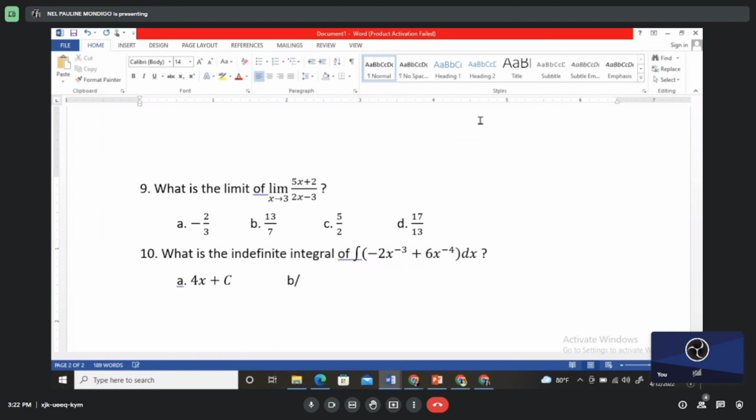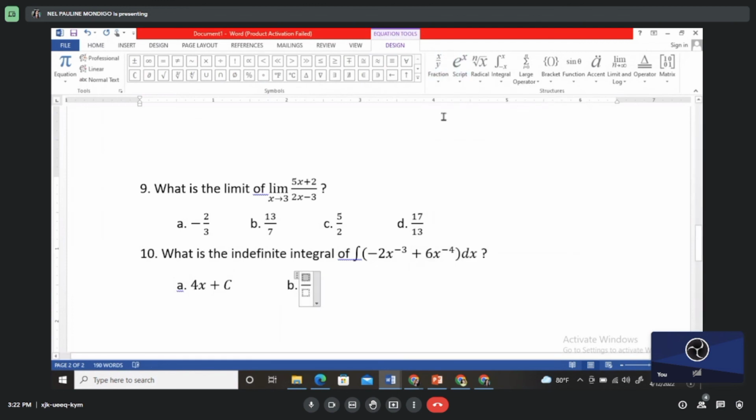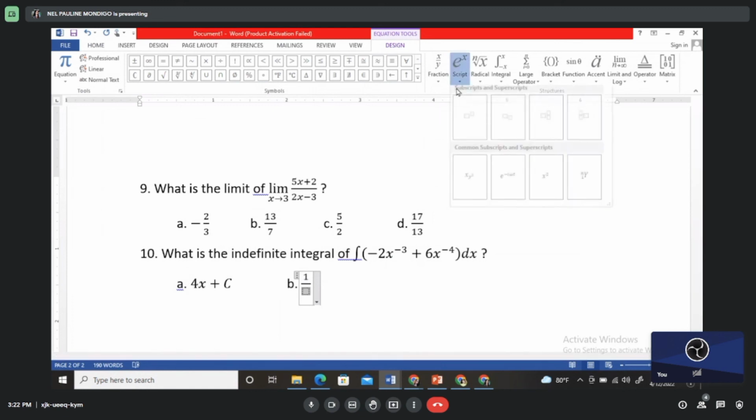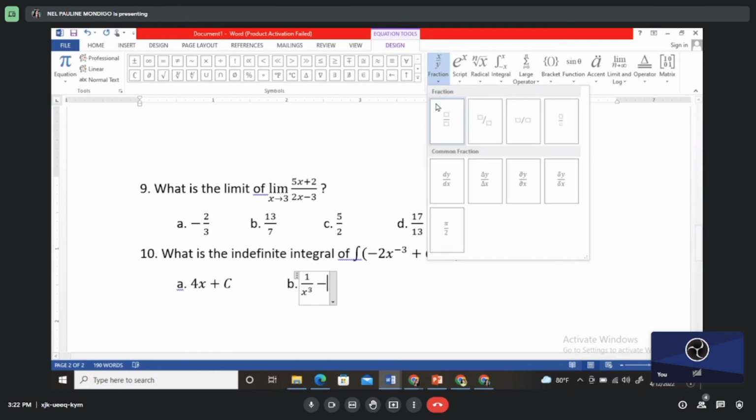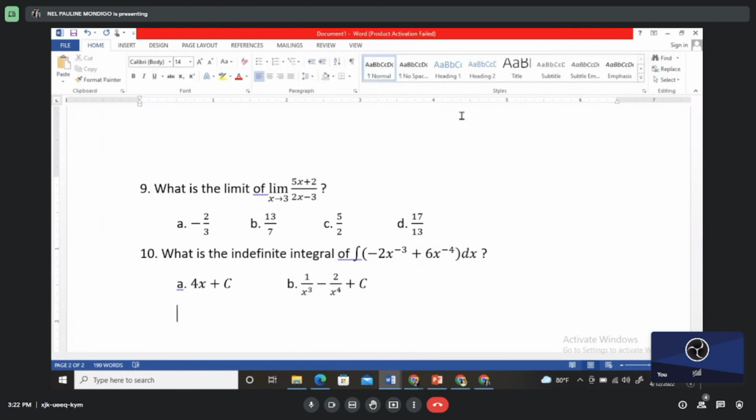B, Alt, insert equation, 1 over x cubed minus 2 over x to the fourth plus c.